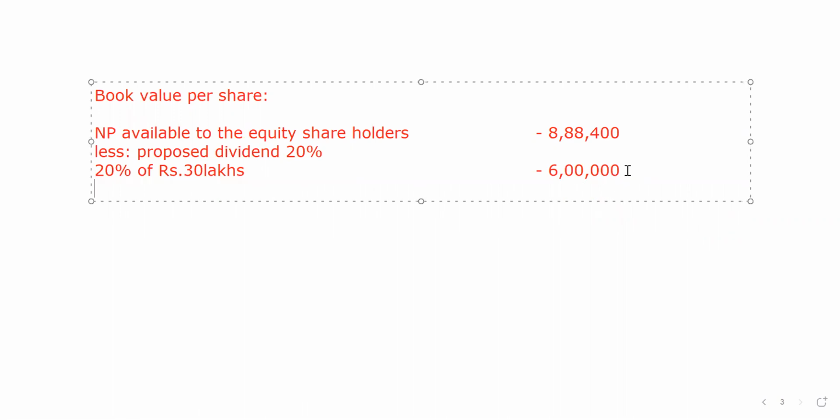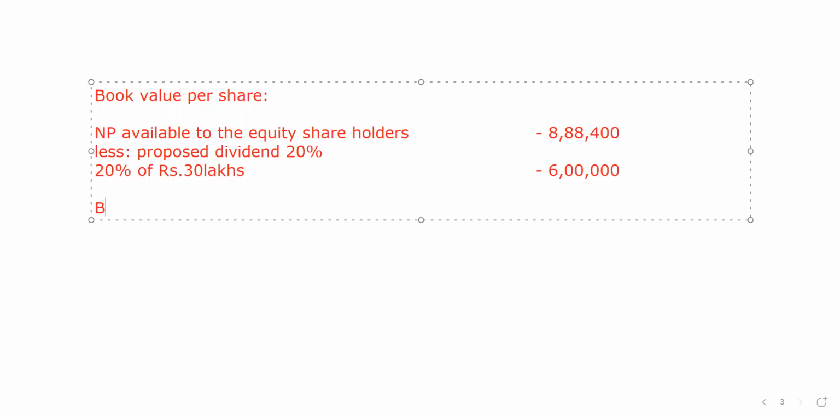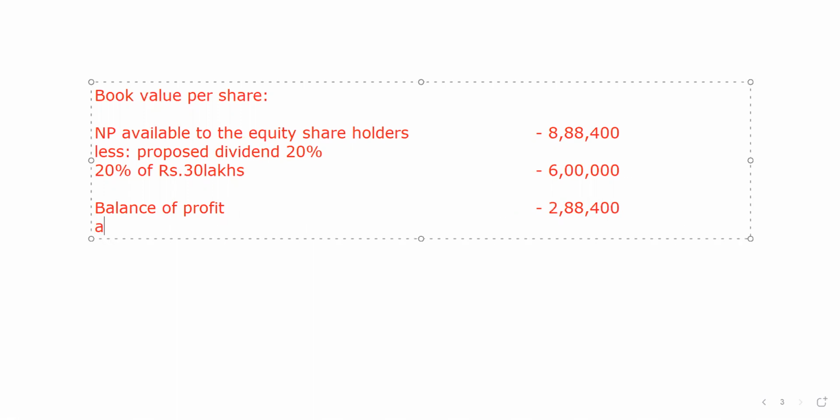Now we have the balance of profit, which is 2,88,400. Now, as Vishal said, we have to consider the reserves as well as the equity share capital in order to arrive at the amount available.